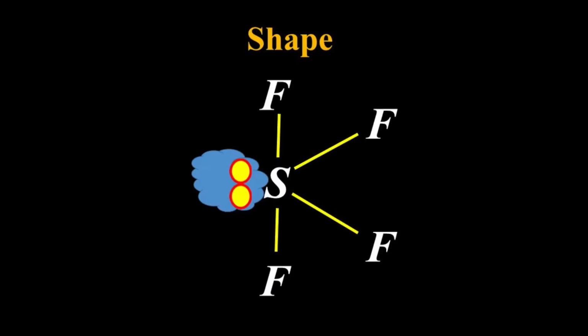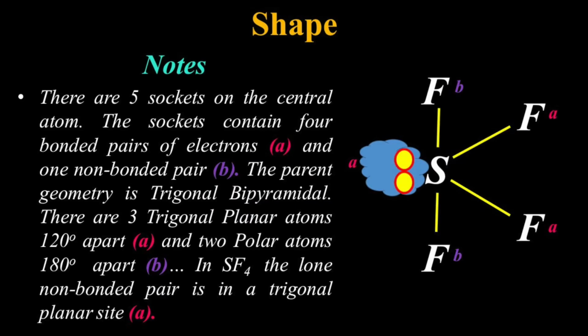Okay, so we have the non-bonded pair, and we can clearly see a little deja vu. There are 5 sockets on the central atom. The sockets contain 4 bonded pairs of electrons A and 1 non-bonded pair B. The parent geometry is trigonal bipyramidal.